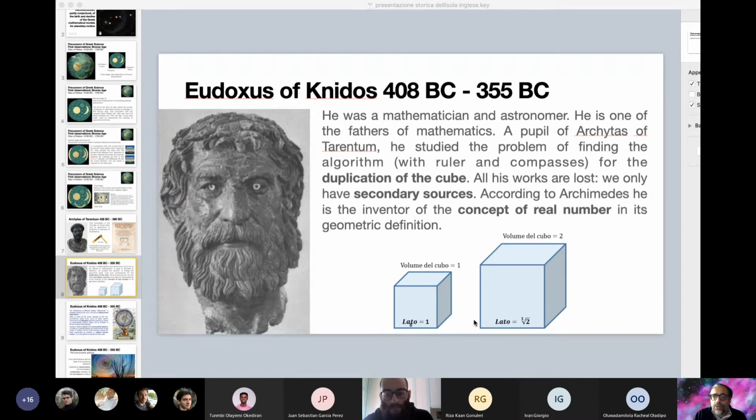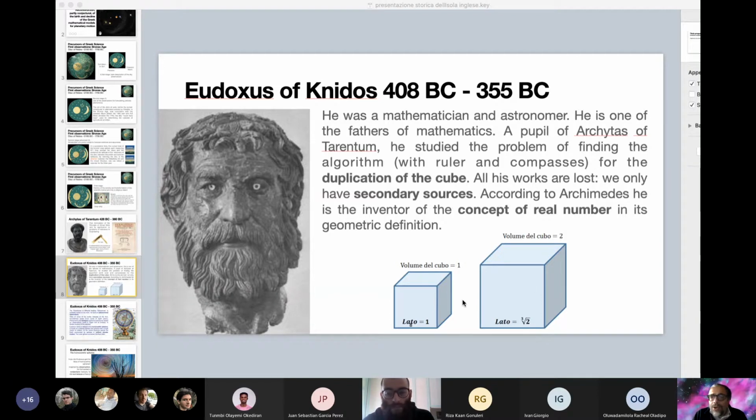And you want to calculate the side of a cube having volume 2. So starting from this segment, you need to build a segment which is the cubic root of 2.